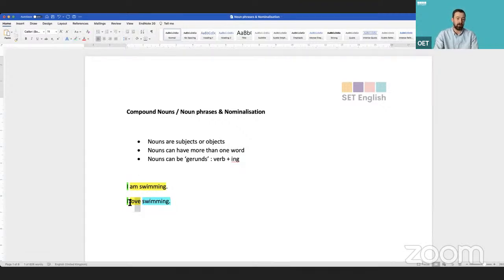Because we've got our verb. So I love something. So nouns can be gerunds. And although in our minds we're thinking, I am swimming and I love swimming, we're thinking the same thing, in terms of the pure grammar, that word here is a noun, because you always love a noun.